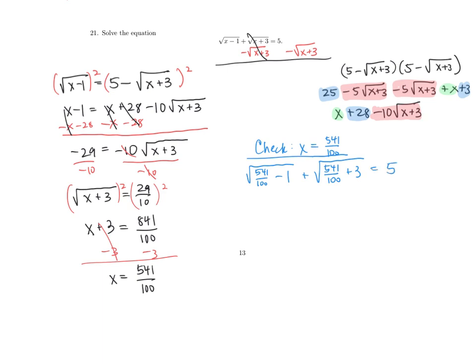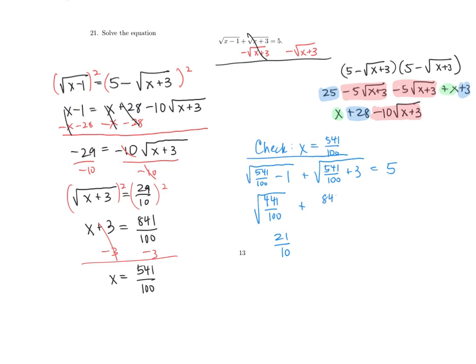Okay, so the first one is going to be 441 over 100. So the square root of 441 is 21. So this is going to be 21 over 10 plus 541 plus 300 is 841.